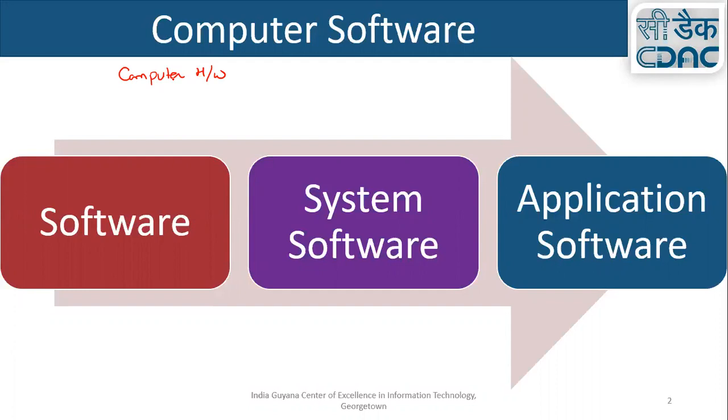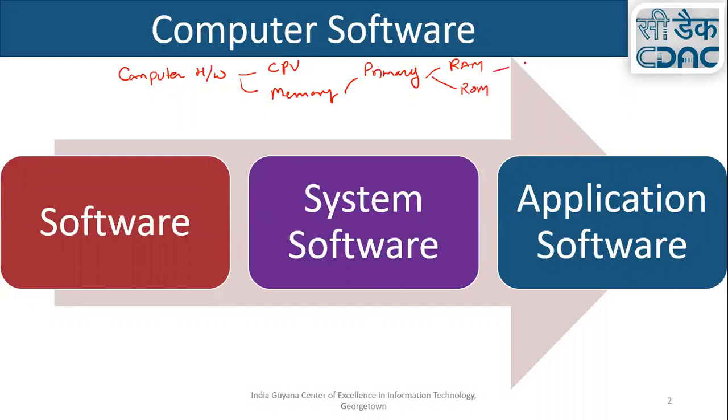Okay. So we already completed this computer hardware topic. In hardware, we discussed CPU and memory. In the memory, we discussed primary memory, and we divided it into random access memory and read-only memory.